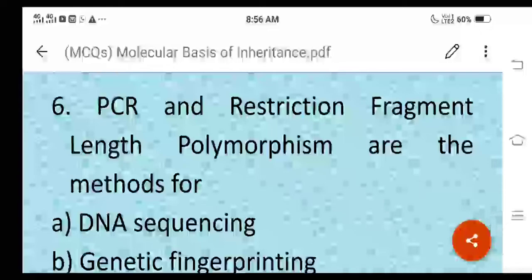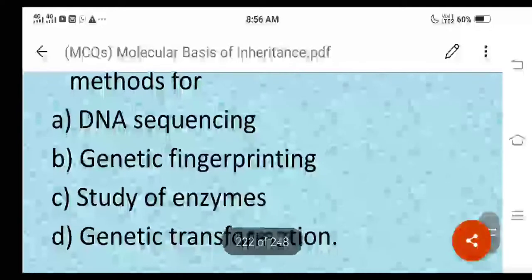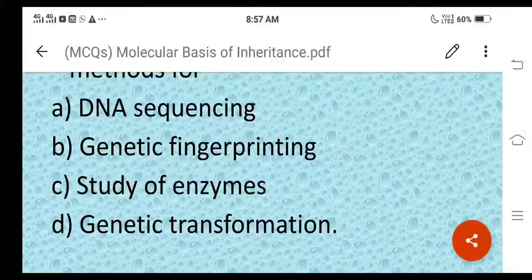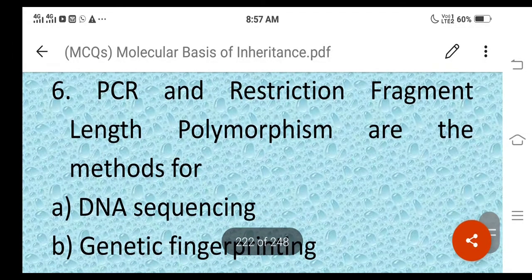They are the methods for DNA sequencing, genetic fingerprinting, study of enzymes, or genetic transformation. Both these methods, PCR and RFLP, are the methods used for genetic fingerprinting or DNA fingerprinting. Option B is the correct answer, right?